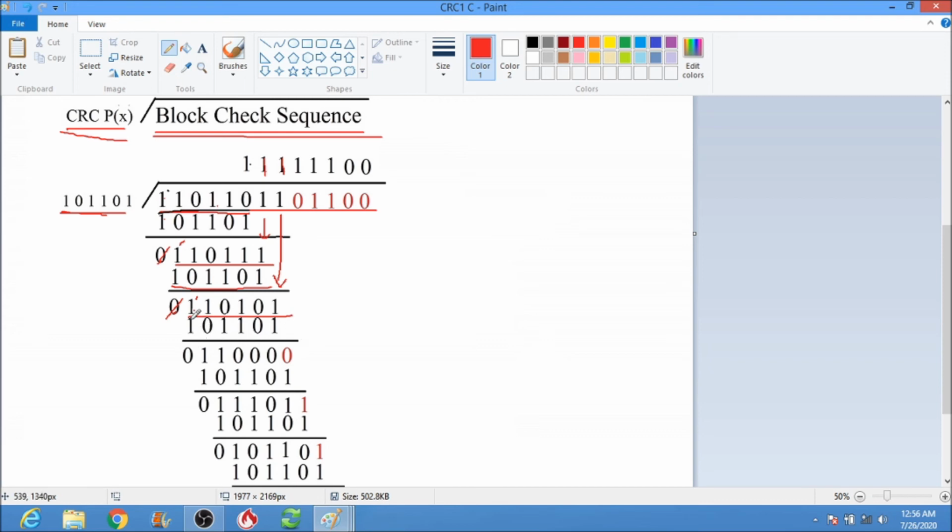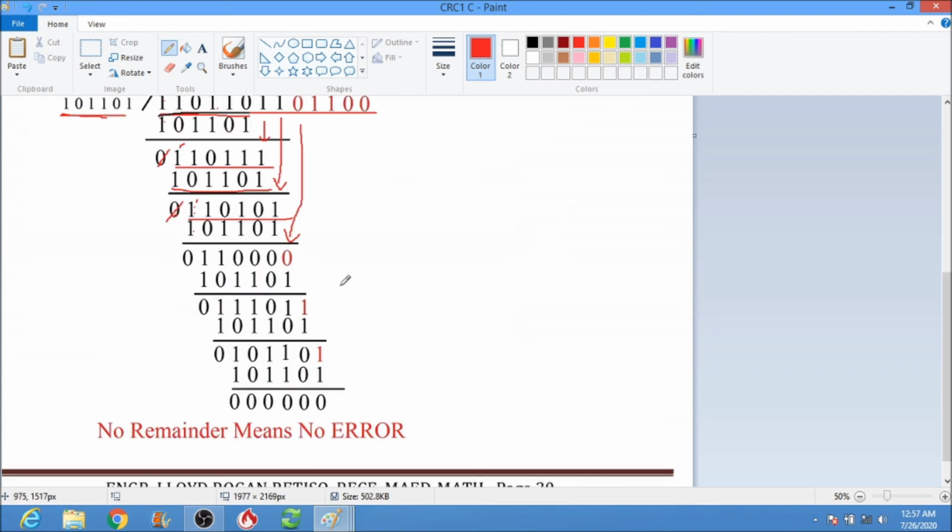Then we use the XOR again. 1, 1 is 0. 1, 0 is 1. 0, 1 is 1. 1, 1 is 0. 0, 0 is 0. 1, 1 is 0. And therefore bring down the first 0. The next, we cross out this one.